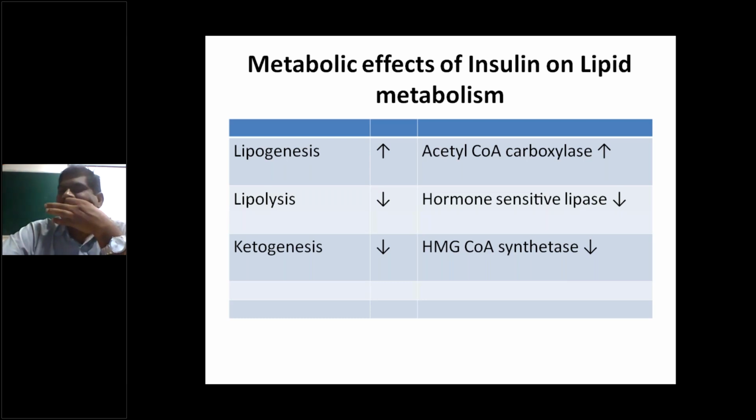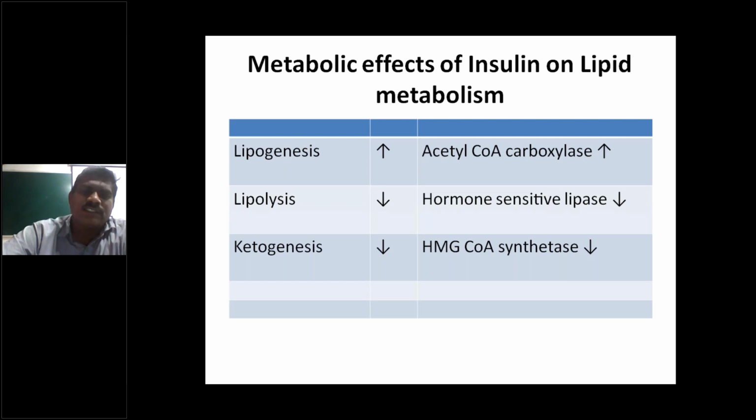So how does the lysis stop? Again, the hormone insulin inactivates or decreases the levels of hormone sensitive lipase. With decreased activity of hormone sensitive lipase, lipolysis does not occur. Due to increased activity of acetyl-CoA carboxylase, lipogenesis occurs.